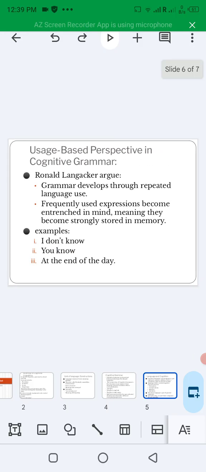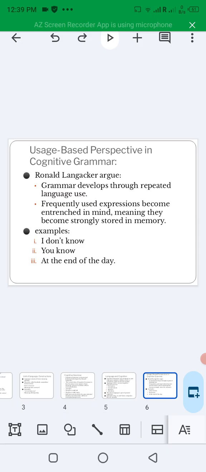Now we come to the usage-based perspective in cognitive grammar. Cognitive grammar strongly supports the usage-based thesis, which states that language structure develops from repeated language use. Frequent expressions become entrenched in the mind, meaning they become strongly stored in memory.